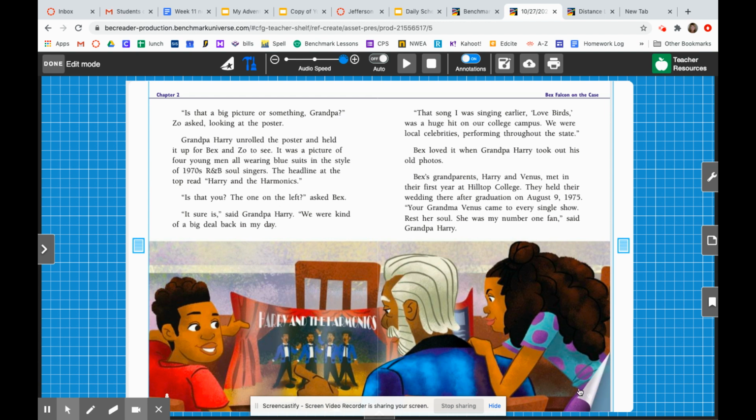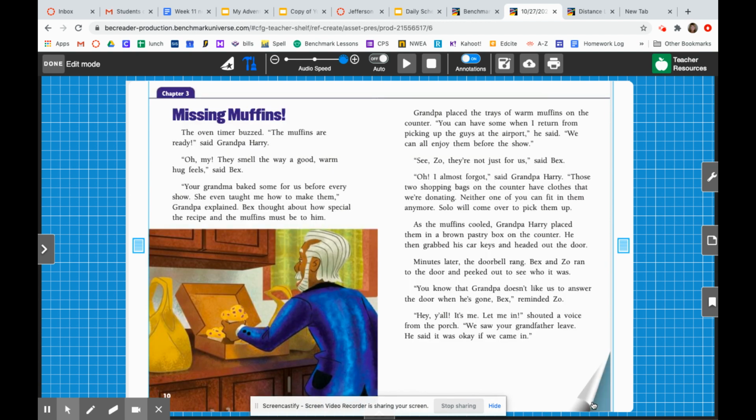And you just find things that are interesting about the text and like, ooh, those look like chocolate chip cookies, but I know that they're not because look at the title. Right, missing muffins. So logically, we've got some muffins down here.